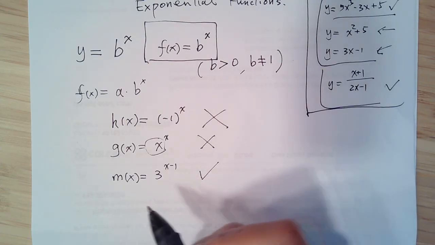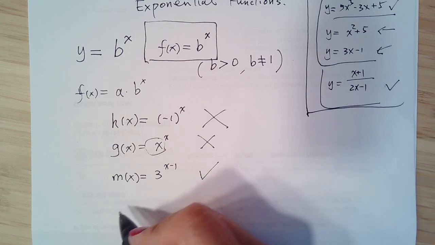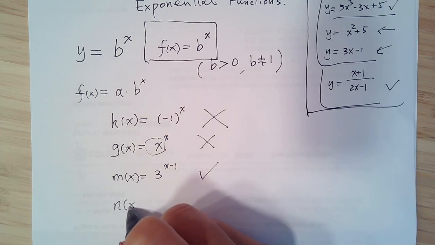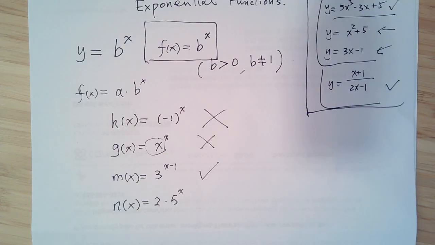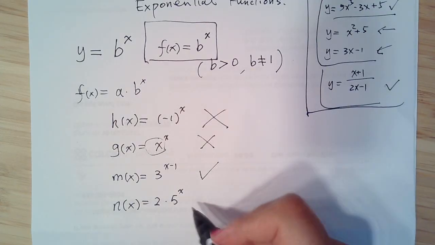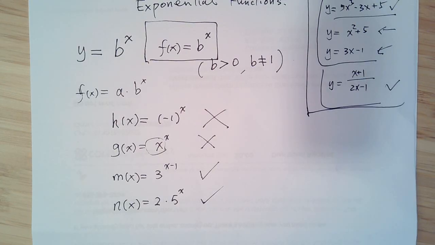All right. Then n of x equals 2 times 5 to the power of x. Is this an exponential function? That's a very typical exponential function. 5 is a real number, to the power of x, and here it is times 2.